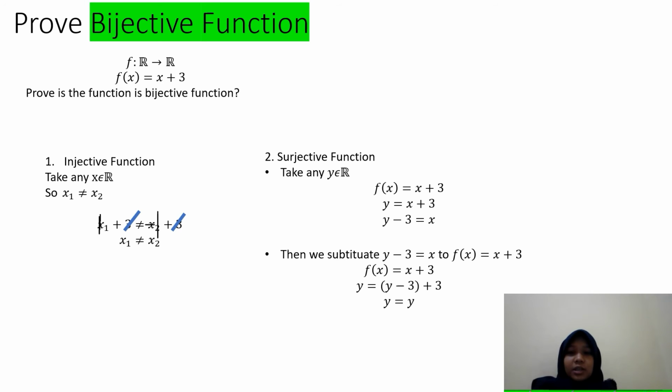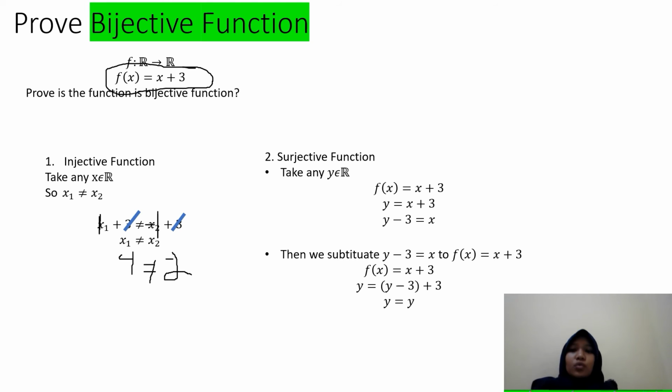So 1 plus 3 is equal to 4, and then negative 1 plus 3 is equal to negative 2. So this is also not equal. So this is an injective function.